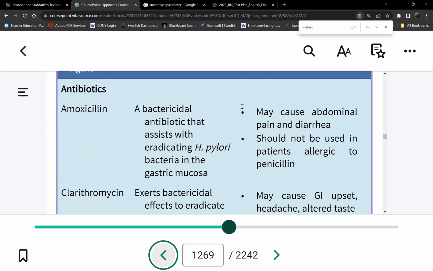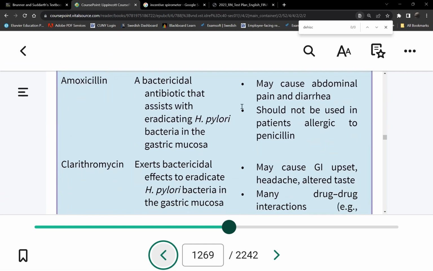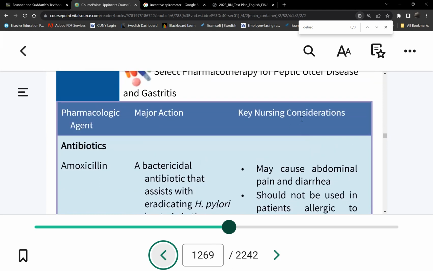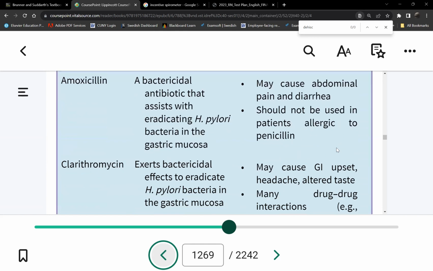So here are the antibiotics used. So for both gastritis and peptic ulcer, of course, for H. pylori, always two, right? Always two combinations. So amongst here are the drugs, and here are the testable part. So I'll ask you about the side effects, which are under your nursing considerations, meaning these are what you teach the patient.